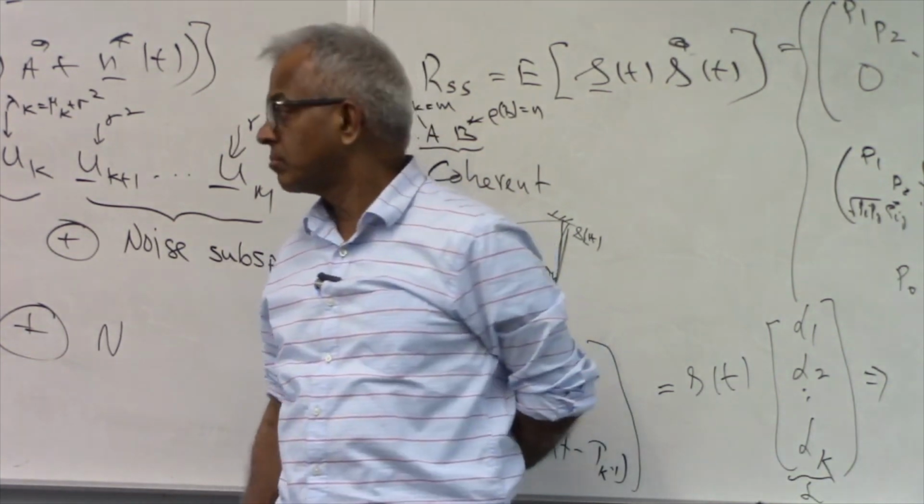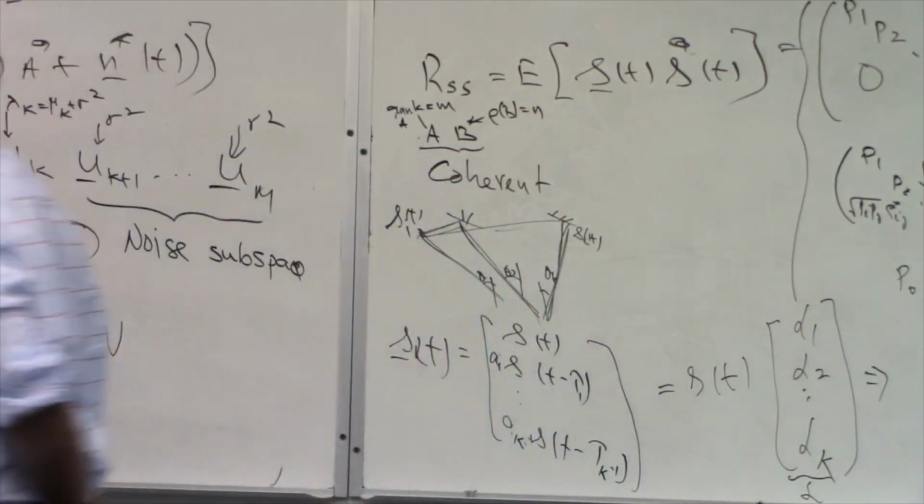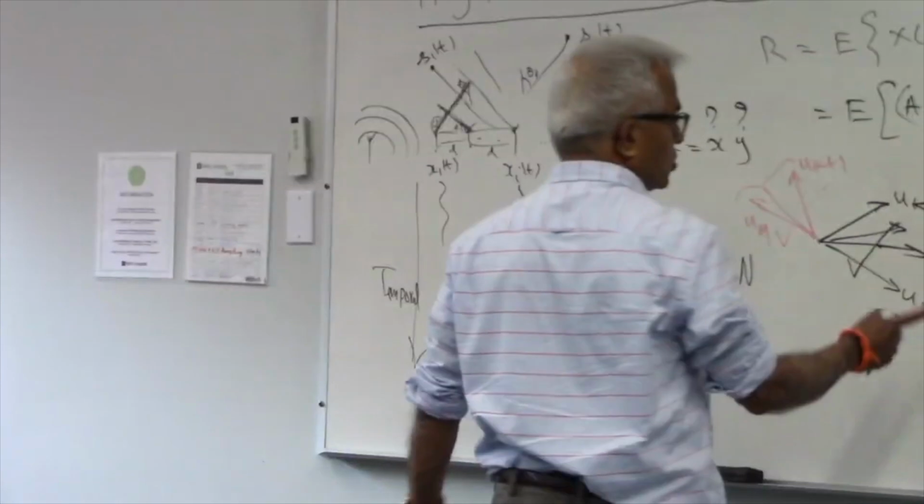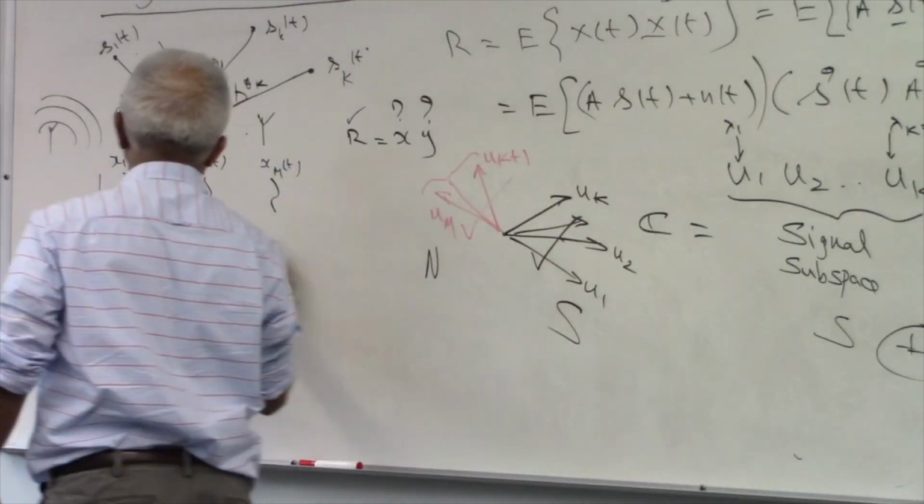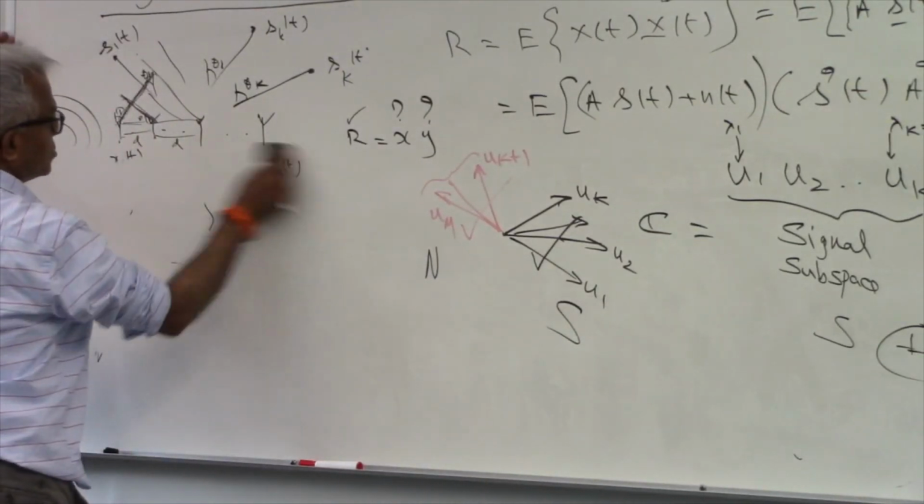So these vectors are known. Then look at the property that is going to come out.